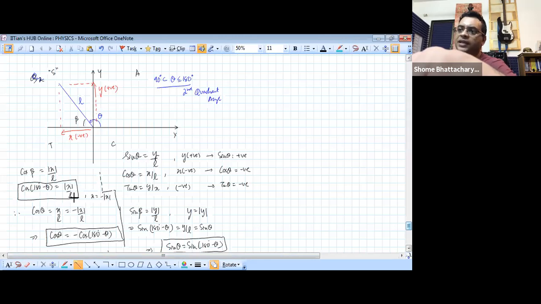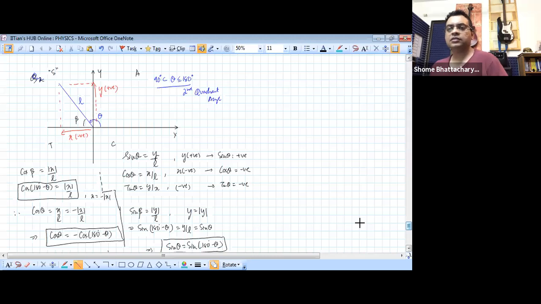Now mod x by l is cos of 180 minus theta, or this cos beta term. So therefore cos theta becomes minus of cos 180 minus theta. But similarly on this side, when you talk about sine theta, y is mod y. So sine theta, which is y by l, is nothing but mod of y by l, which is sine of 180 minus theta. So sine theta is positive sine of 180 minus theta.